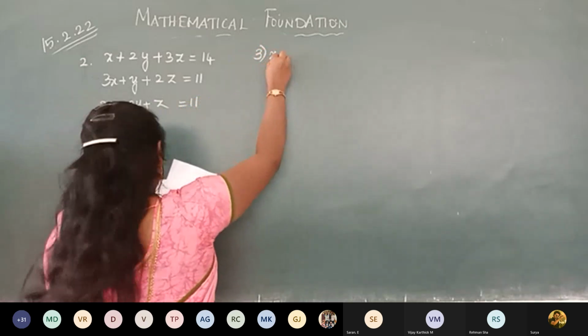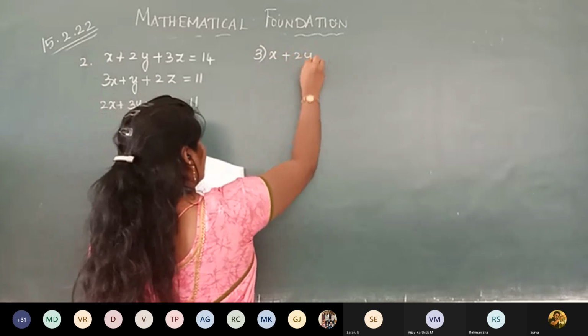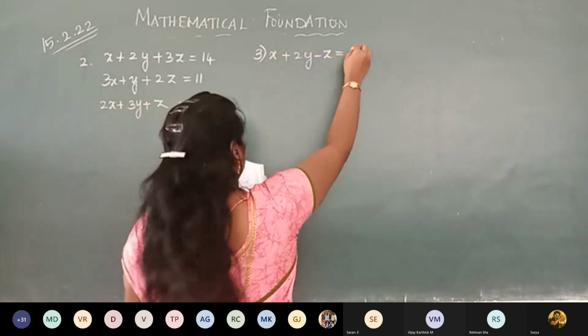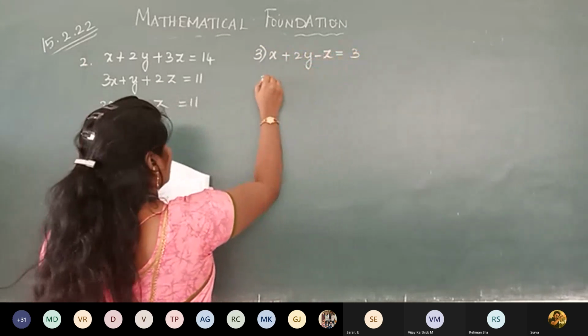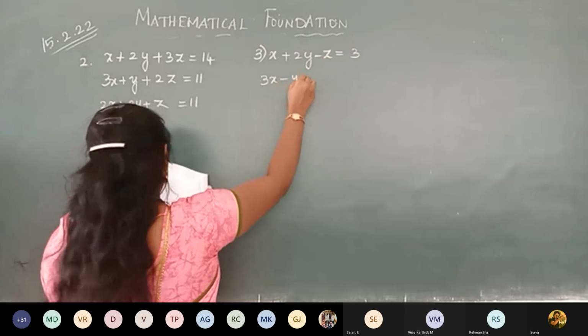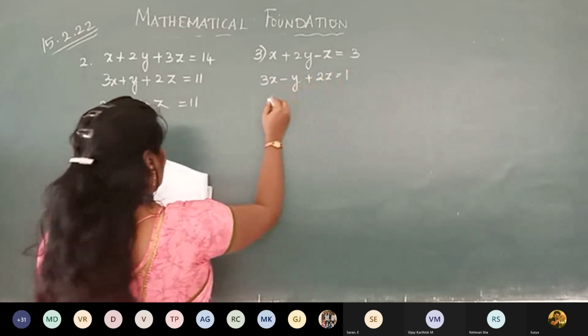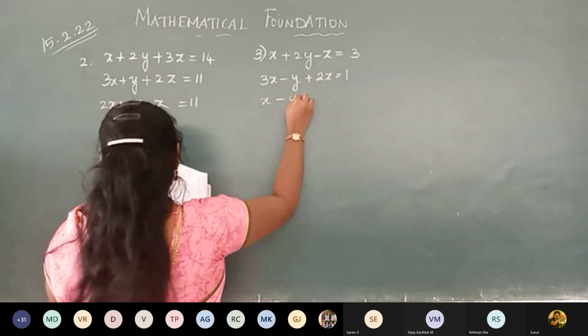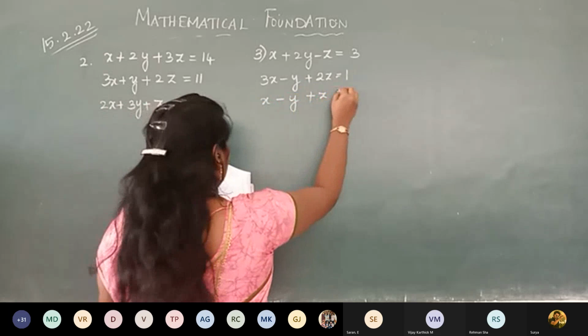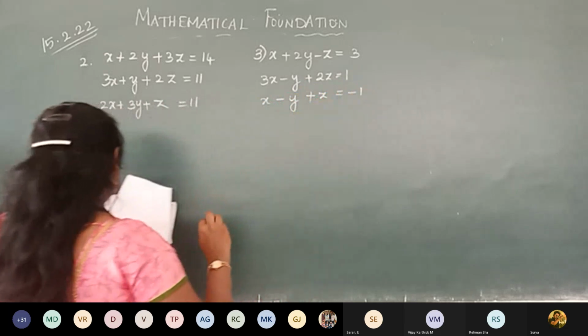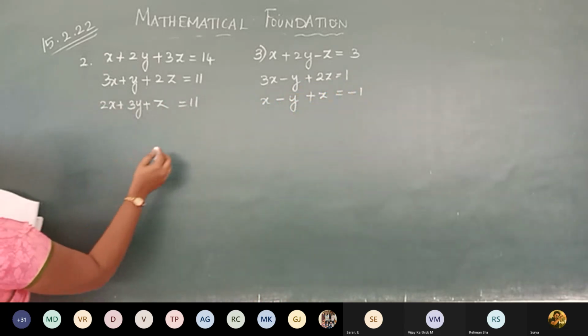And then x plus 2y minus z is equal to 3. 2x minus y plus 2z is equal to 1. x minus y plus z is equal to minus 1.